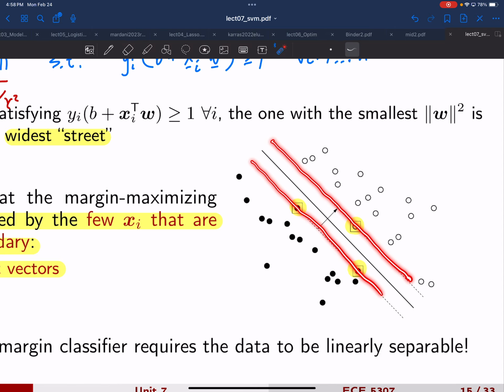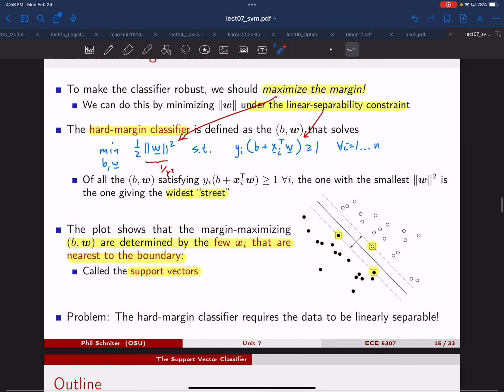It's defined, at least in this hard margin case, as the widest street such that the data is linearly separated. So at a certain point, you will find that your street doesn't change.